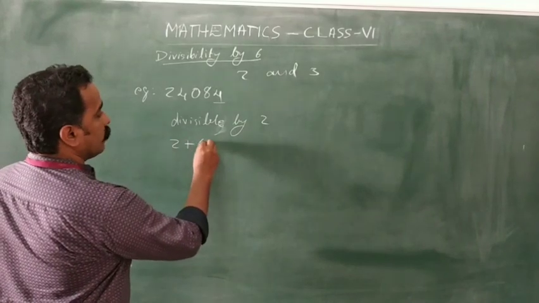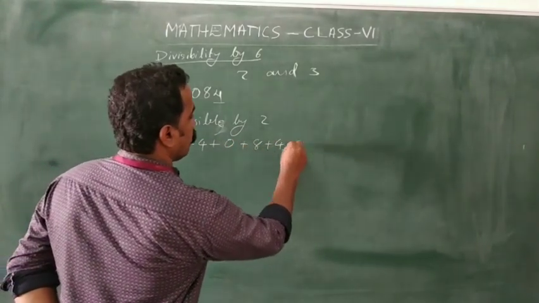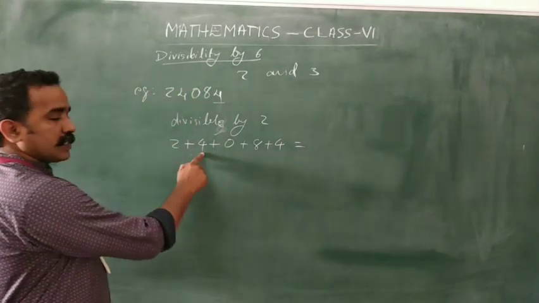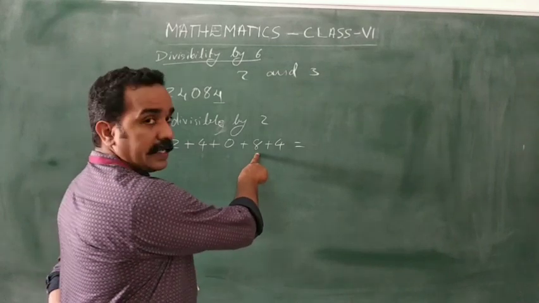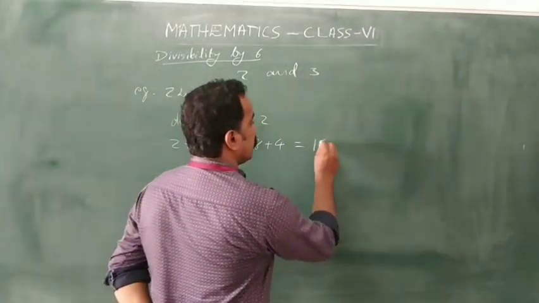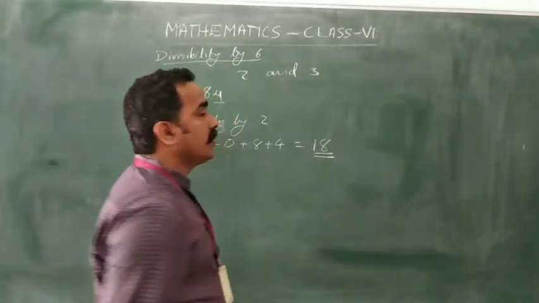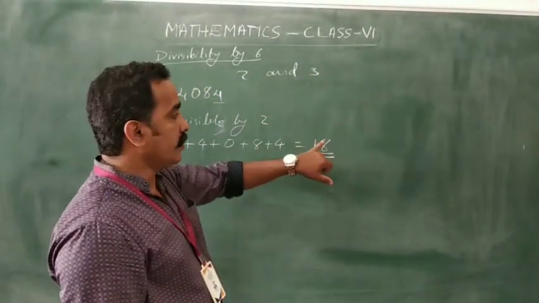2 plus 4 plus 0 plus 8 plus 4 is equal to: 2 plus 4, 6. 6 plus 0, 6, plus 8, 14, plus 4, 18. And we know that 18 is a multiple of 3 because 3 sixes are 18.